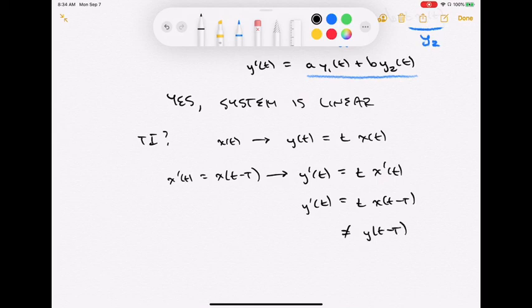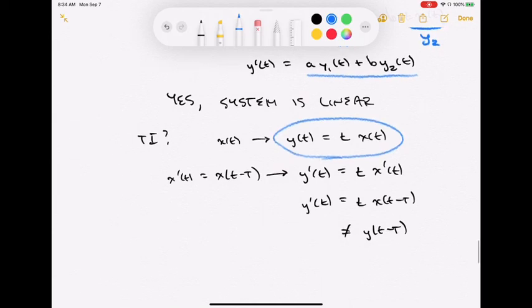For me to get a simple substitution, where I just replace t with t minus capital T, take this expression for y of t and replace t with t minus capital T, we know that guy would have to be t minus capital T times x of t minus capital T. That's getting too crowded, so let me move it down to the next line.